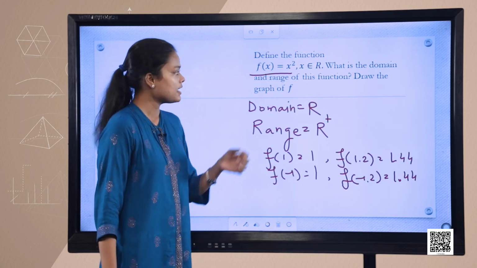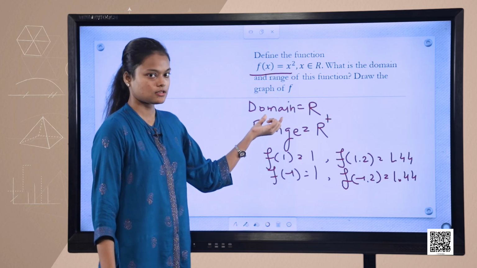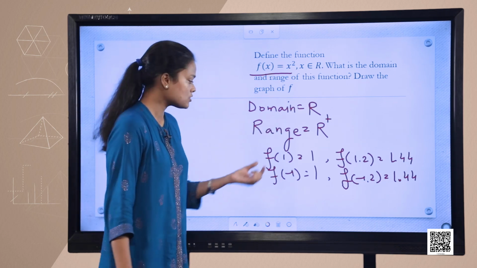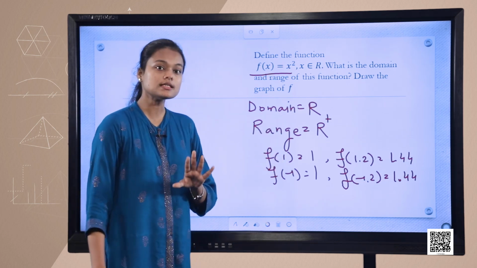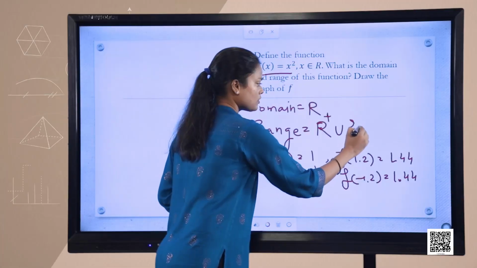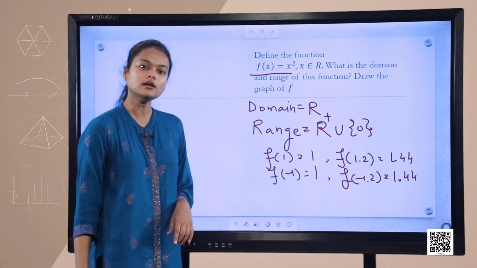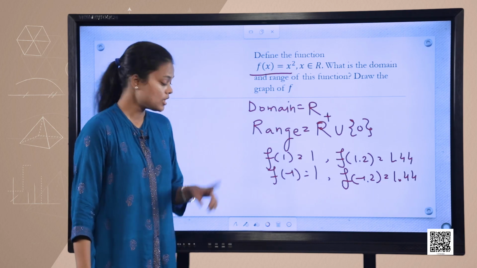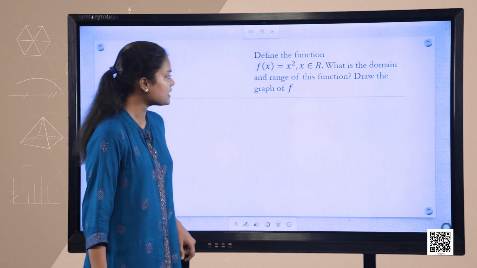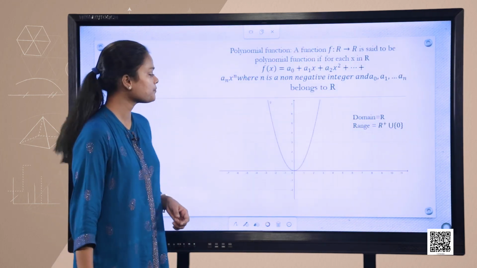And is 0 there in the domain? Yes. So it must have an image. So image of 0 is again 0. So 0 is also included in the range. Okay. So for this, let us see the graph of it.